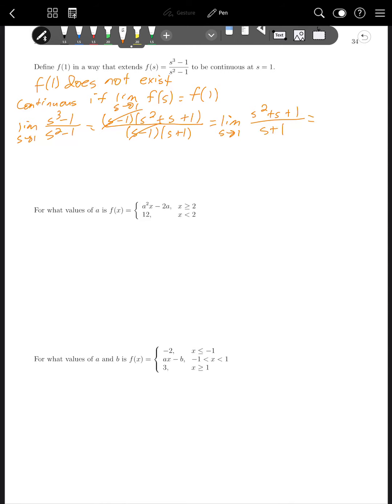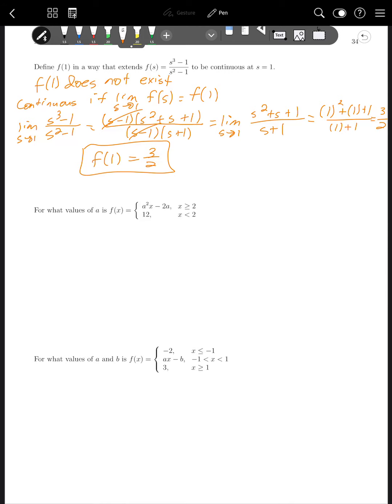And now I can just plug in 1. So this will be 1 squared plus 1 plus 1 over 1 plus 1, which equals 3 halves. So that's the limit. And so for it to be continuous, that's what we want f of 1 to be. So let f of 1 equal 3 halves. And then the function would be continuous.